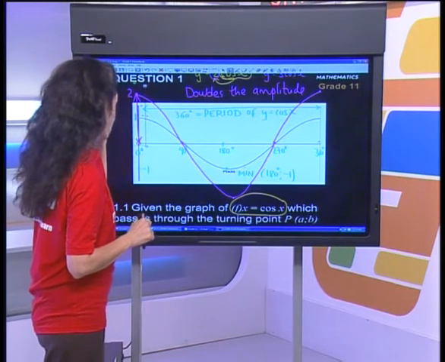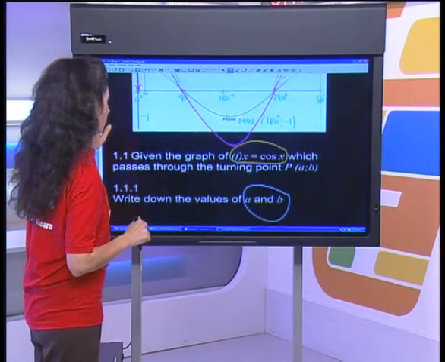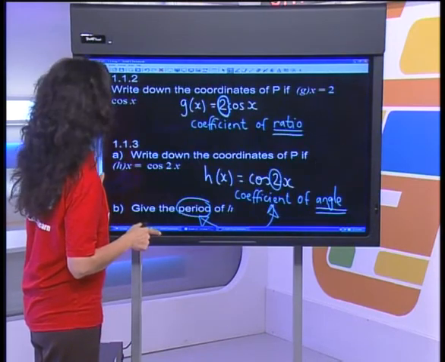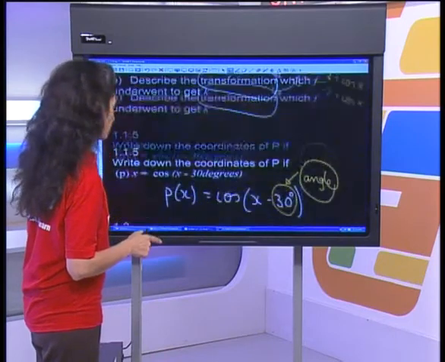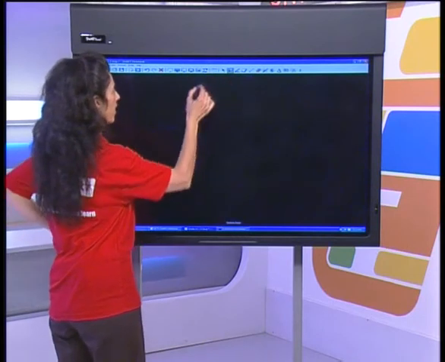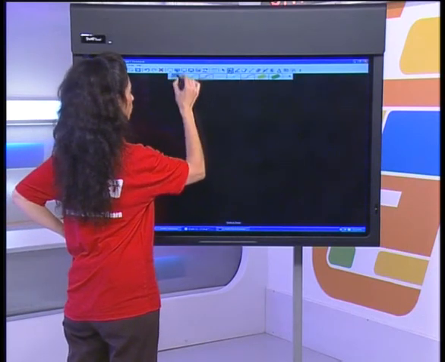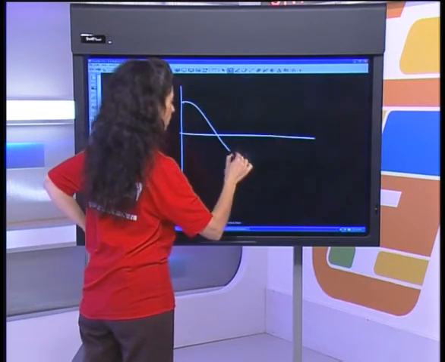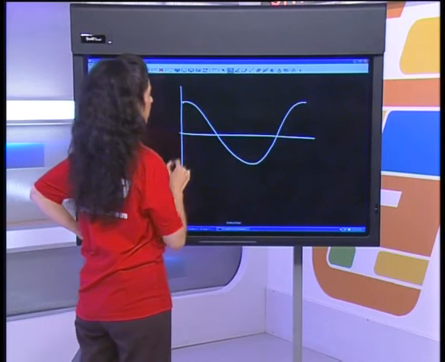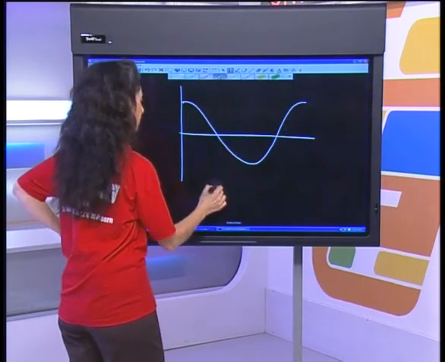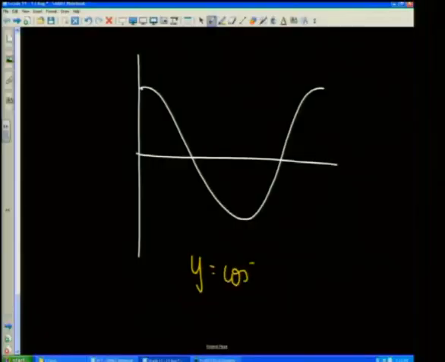Okay, so it's becoming a little bit messy to actually draw on this one. So I'm going to draw another one just down here. So if we had the parent graph, which was that to 360, we would have your y equals cos 2x as a compressed version of this.